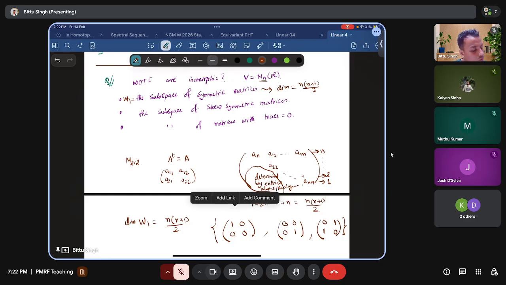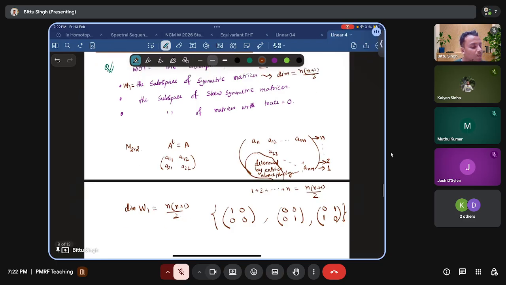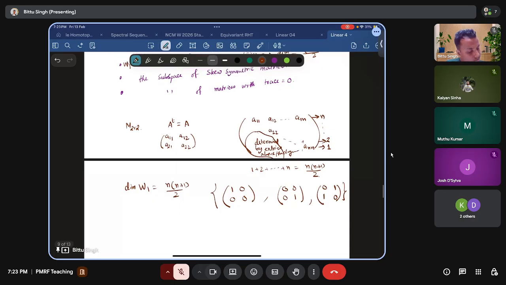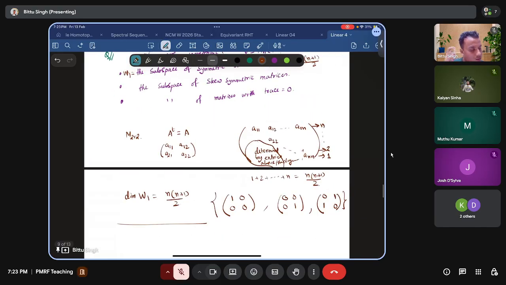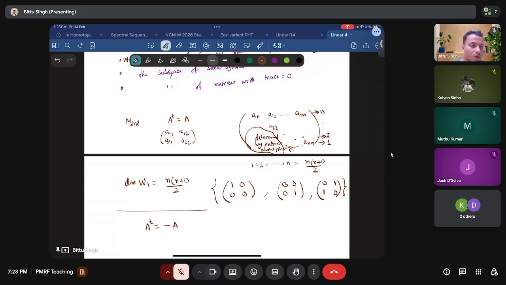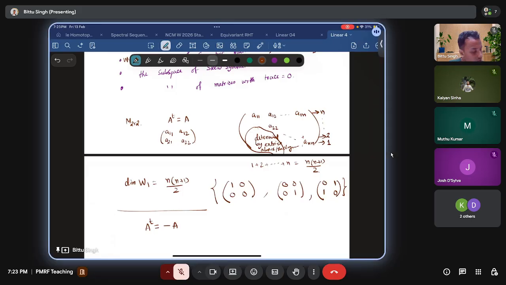Now what about the subspace of skew symmetric matrices? What will be the dimension? Can you answer that? So n into n minus 1 by 2. Exactly. So here the restriction is on the diagonal entries.